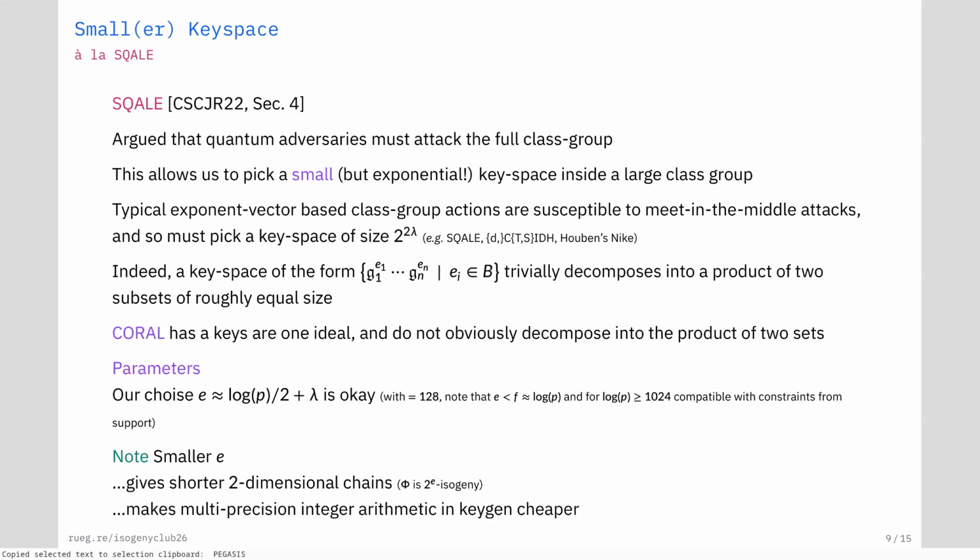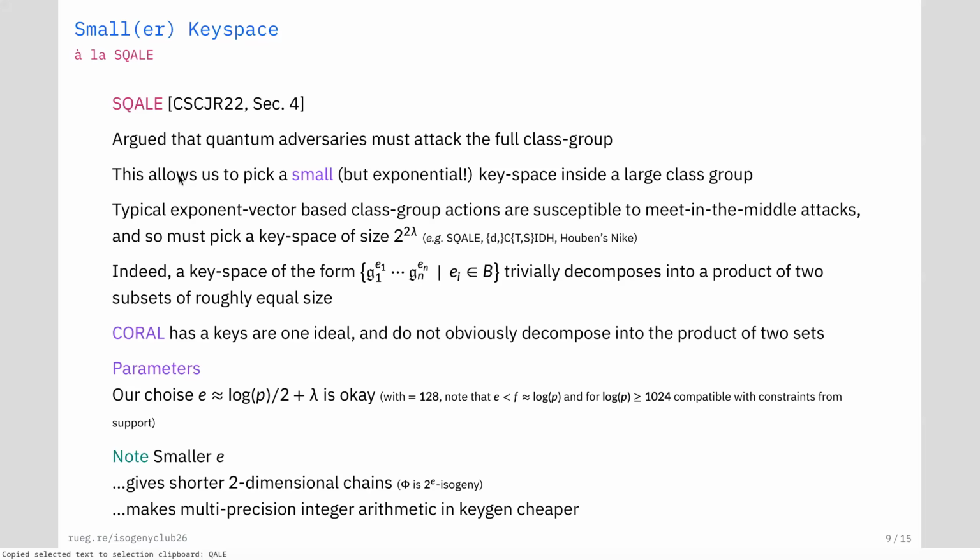So in SCALE, this paper from 2022, one of the important points made is that they argue that a quantum attack against a class group inversion problem would have to attack the entire class group. So you can have a very large class group, but you can still pick your key space to be exponentially large, but still much smaller than the size of the class group, if that makes sense.